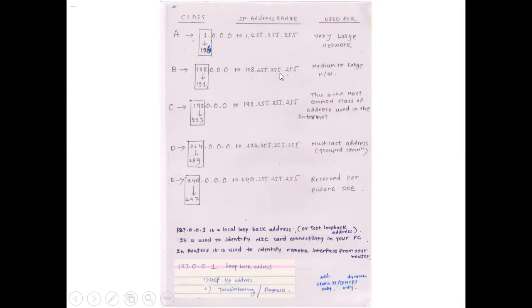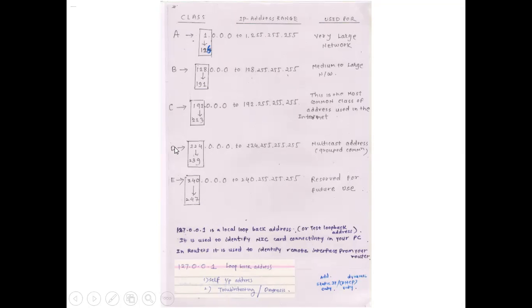So it is called class B. Finally, class C is 192.0.0.0 to 192.255.255.255, and the first octet changes from 192 to 223, that is, 192, 193, 194, up to 223. Those are called class C. Then 224 to 239 is class D, and finally class E starts from 240.